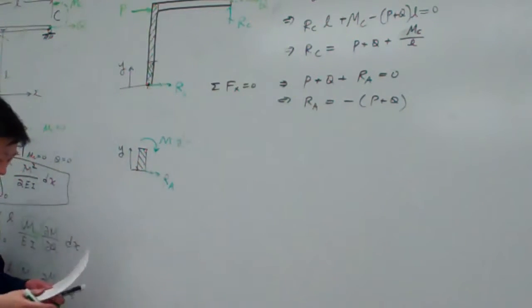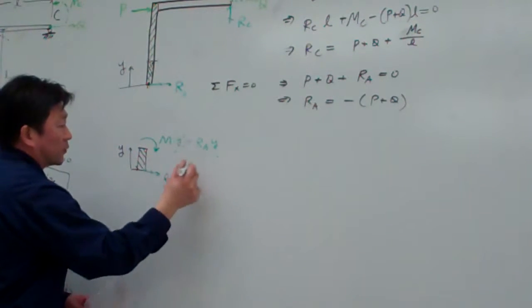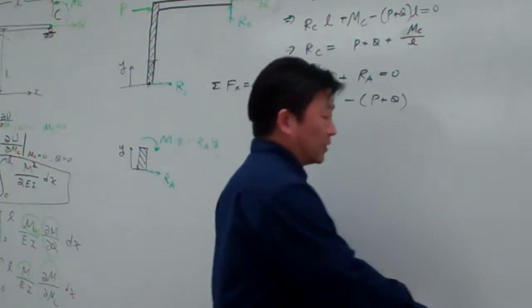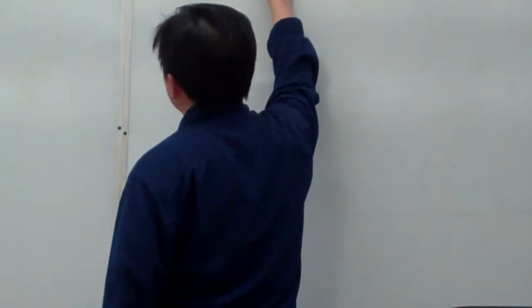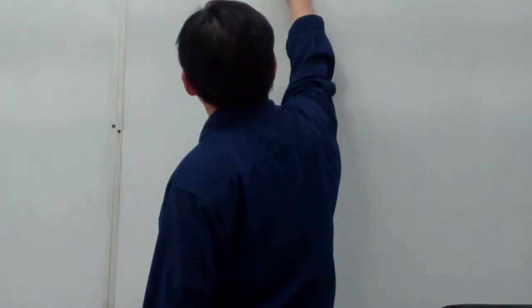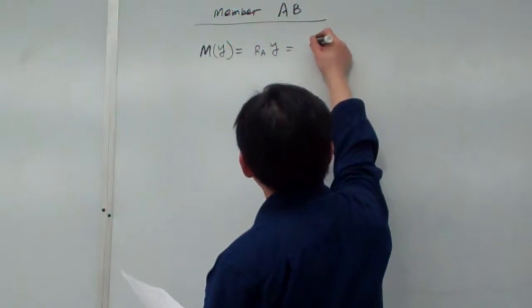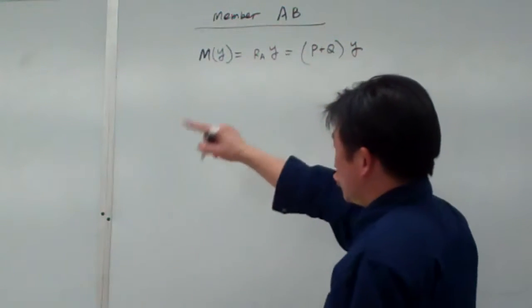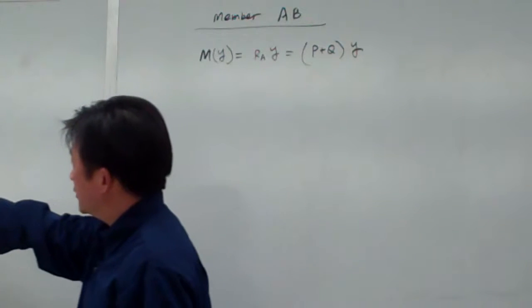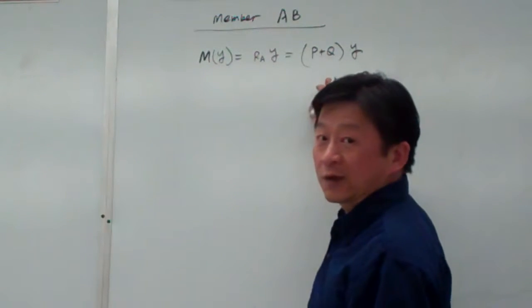So for this case, that is RA times y. This number is what we're looking for here. Remember, the bending moment in terms of the distance y will be equal to RA times y, and RA equals that value here. And again, I drop the negative term to focus only on the magnitude of everything we calculated.